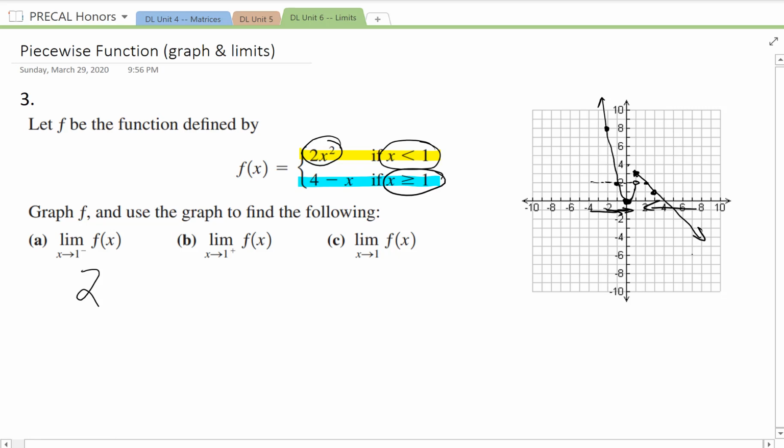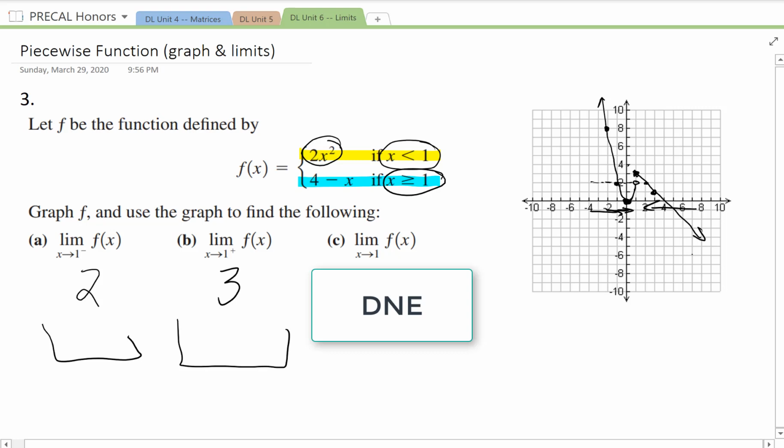And what do we get? We approach 3. So this function has a left-hand limit, and it has a right-hand limit. But since these are not the same, the limit does not exist as x approaches 1.